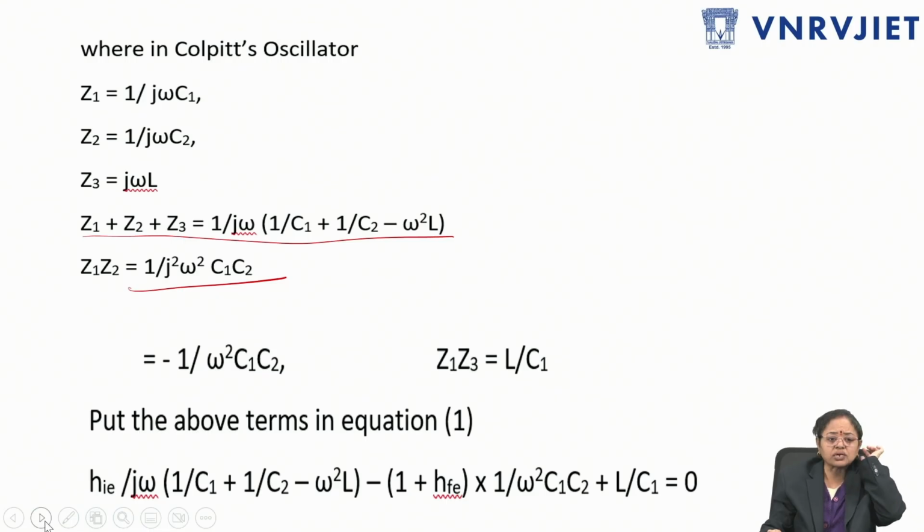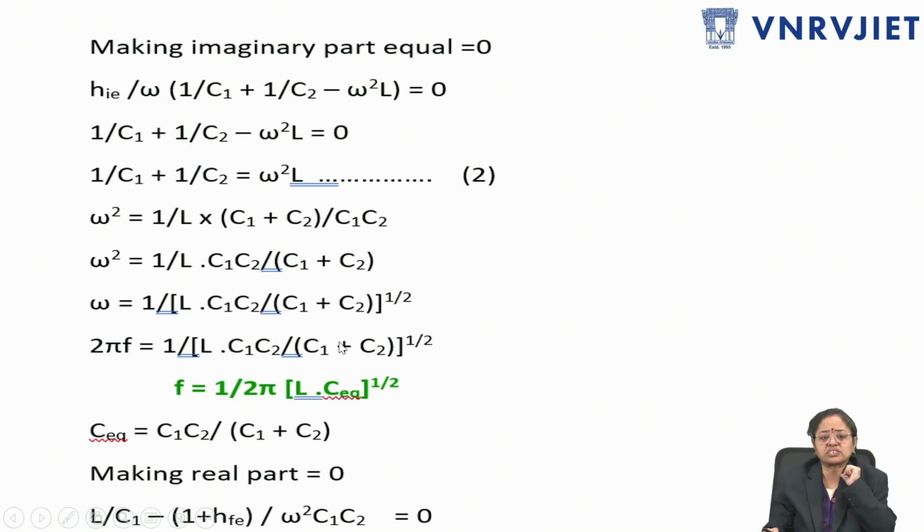So we are segregating the imaginary part and the real part. We will equate the imaginary part to 0 to get the frequency. For any oscillator, we equate the imaginary part to 0 to get the frequency of oscillations, whereas we equate the real part to 0 to get the condition for sustained oscillations.